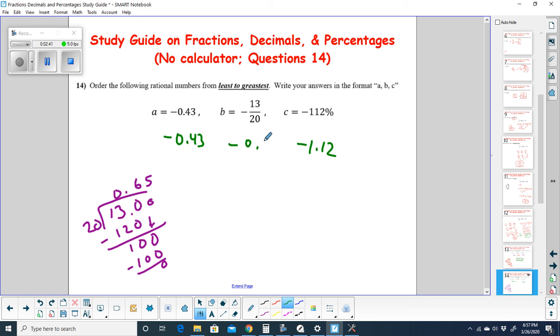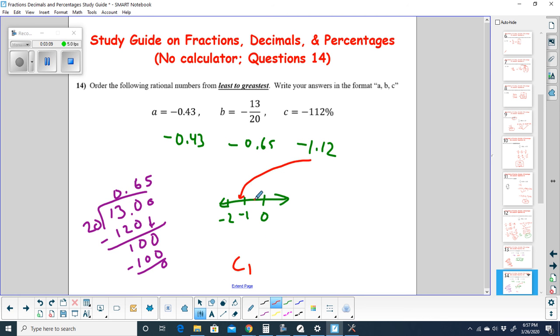So it's negative 0.65. So I'm going to draw a quick number line because I just want to give you guys a reminder. If this is 0, this is negative 1, this is negative 2. So the further, the more negative means the smaller the number, right? So the further to the left. So negative 1.112 is the only number that's going to be to the left of negative 1. So C is our smallest.